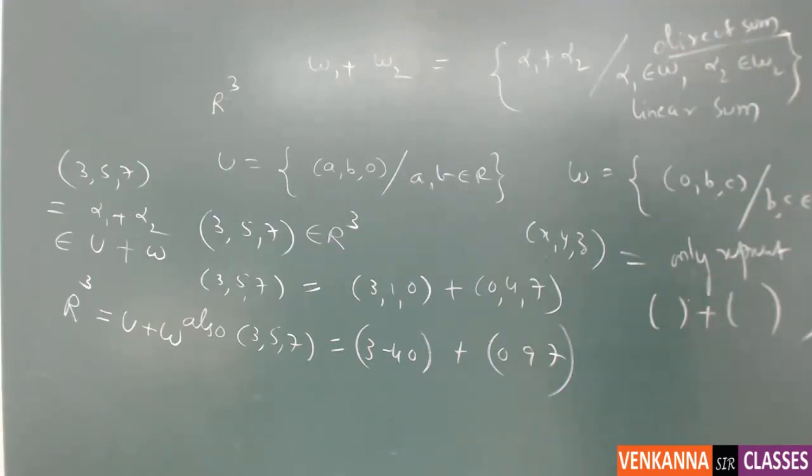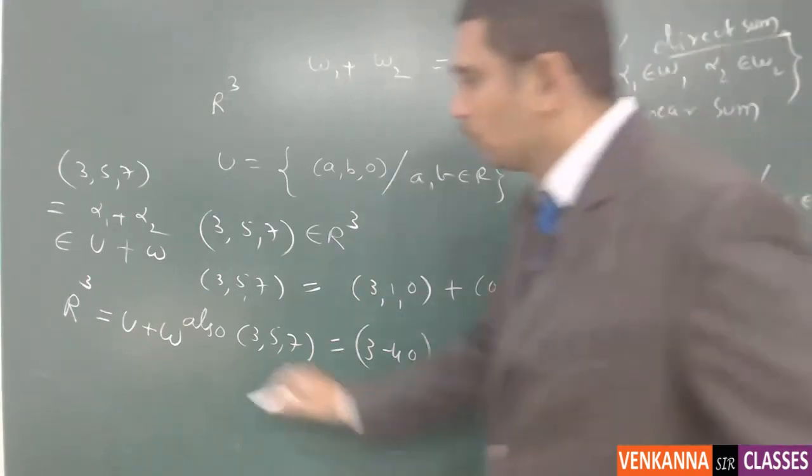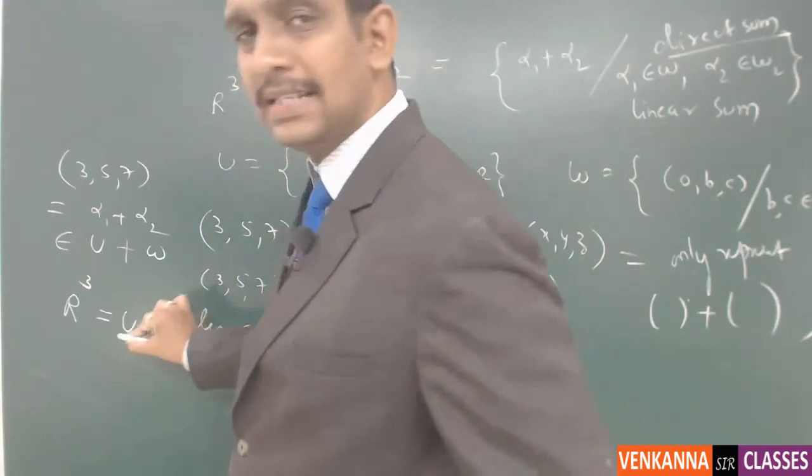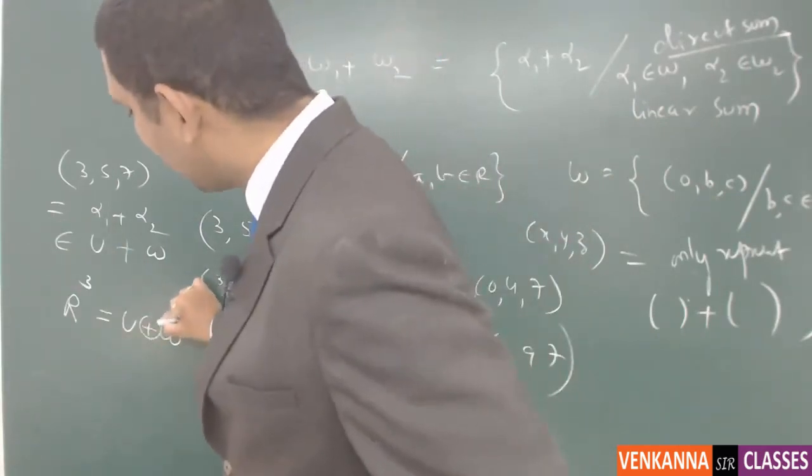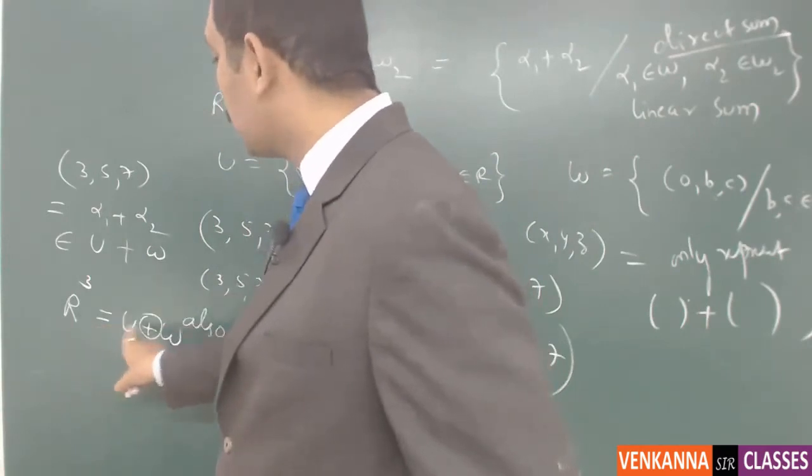For that notation, we indicate this plus with a circle around it. So we will write it as R cube is equal to U direct sum W.